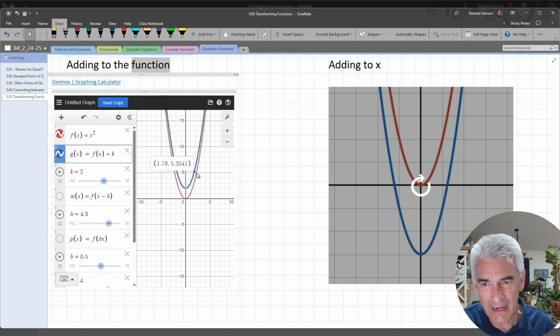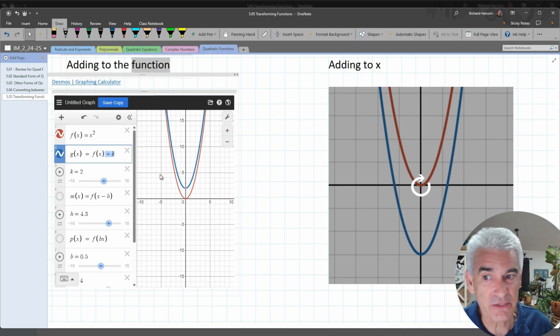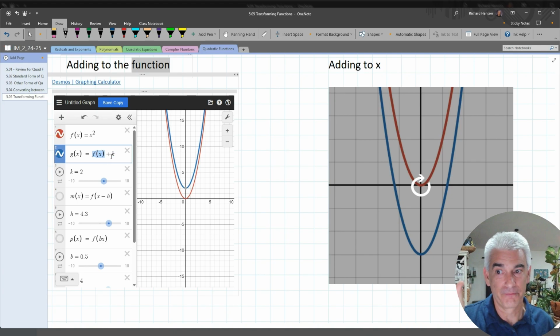If the original graph has 2, 4, this new graph is going to have 2, 6. Every point on this red graph is shifted up by that amount. Adding after I've calculated the function will cause a change in the y direction.